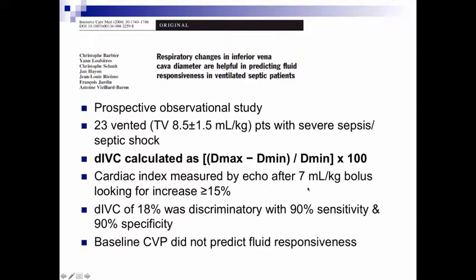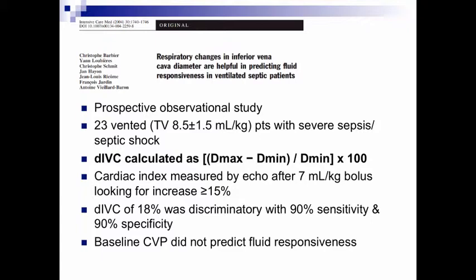Then they gave their fluid challenge, which was about 7 mLs per kg as a bolus, and they were looking for a cardiac index increase of about 15% in order to define a volume responder versus a volume non-responder. They gave their 7 mL per kg bolus of, I think, synthetic starch over 30 minutes, and they measured cardiac index by echo pre and post volume challenge, looking for 15%.